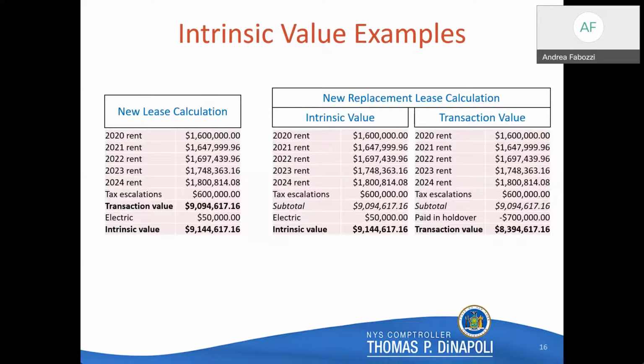All of these examples show the various costs that add up to the transaction value and intrinsic value for the new lease. In this lease, there will be payments to the landlord for rent and tax escalations. There will also be an estimated $50,000 in electric payments that are made to the local utility company. The utility payments are part of the intrinsic value, but not the transaction value because they're not paid to the landlord.